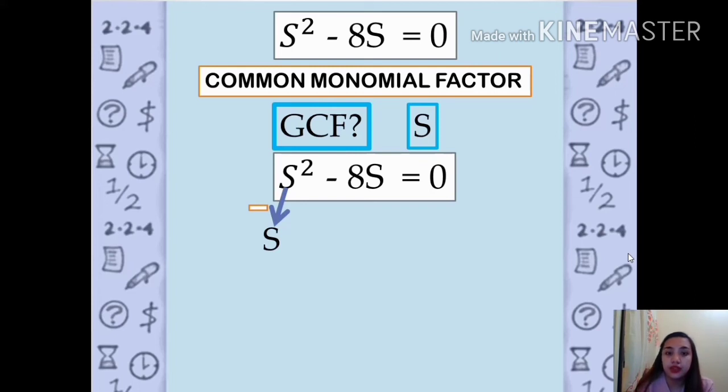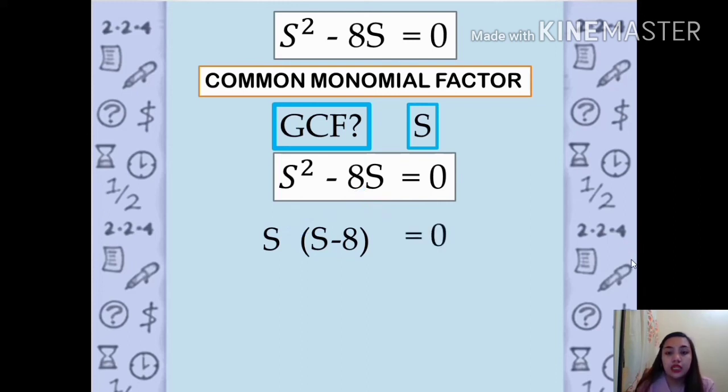Ang exponent ng S automatic is 1. So, 2 minus 1, you will get S. Next, 8S divided by S. Dahil may parehas na S at isa lang ang exponent nila, which is 1, ang matitira na lang is negative 8.